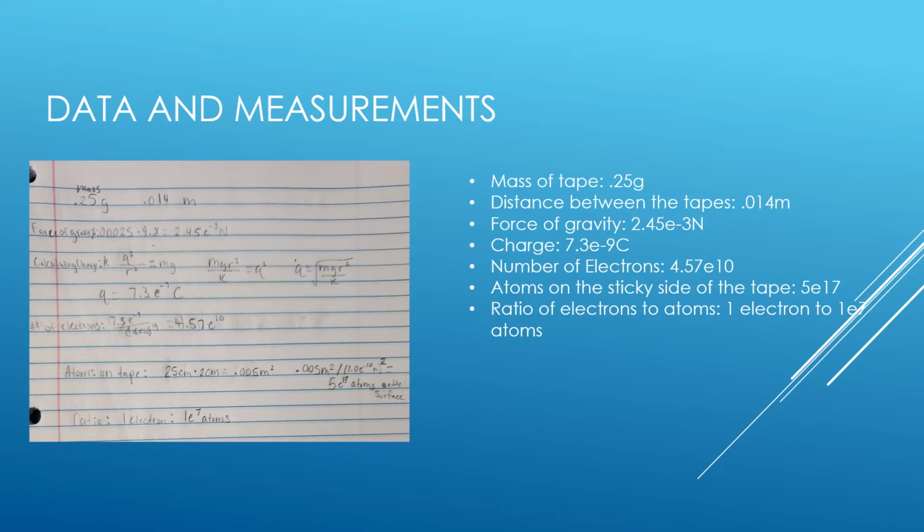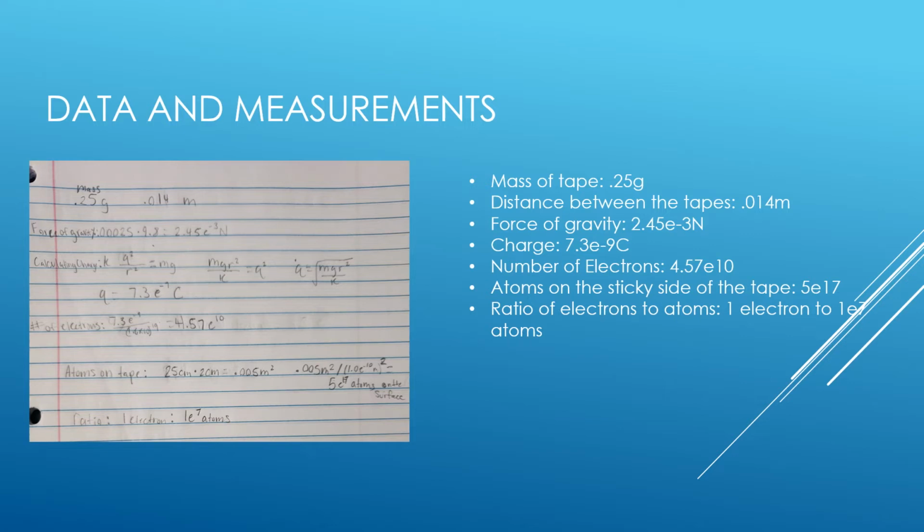And then dividing that by the charge of one electron, which is 1.6 times 10 to the negative 19, I found that the number of electrons was 4.57 times 10.